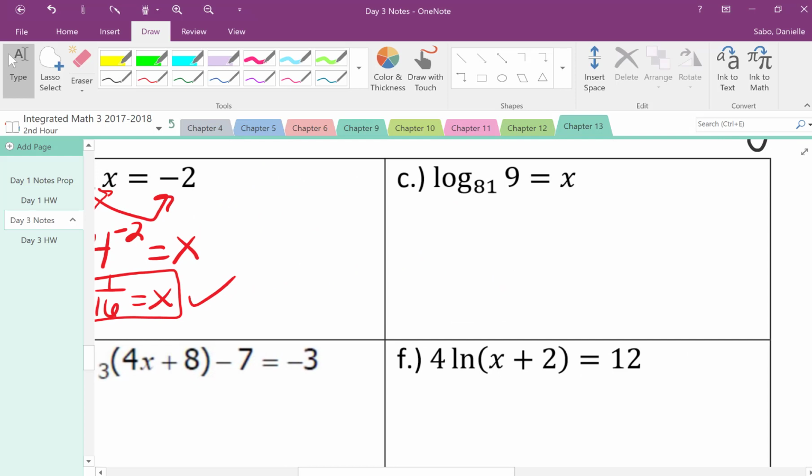Okay, let's do it again. Actually, no, I want you to do this one. Remember what your square roots are, your cube roots are. How would you write that as an exponent? That kind of thing.